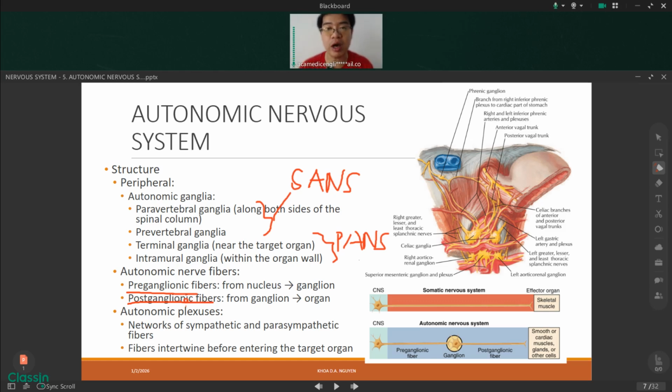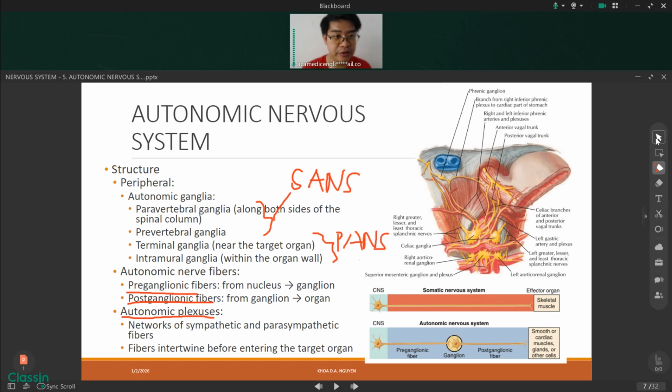So within that autonomic network, it will have both parasympathetic as well as sympathetic fibers. Okay, so yes, autonomic plexuses usually will contain both sympathetic and parasympathetic fibers, and they intertwine before entering the target organ, so that the target organ will have a dual innervation of parasympathetic and sympathetic.